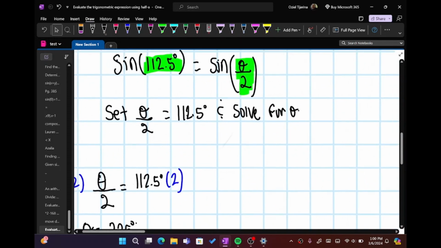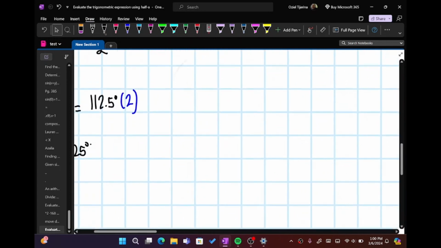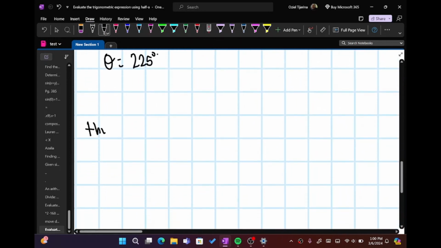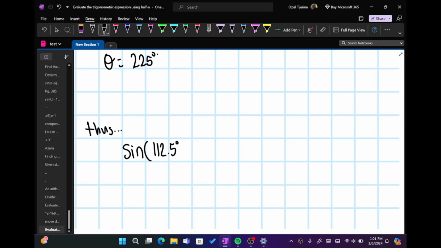Thus, the sine of 112.5 degrees is equal to the sine of 225 degrees over 2.